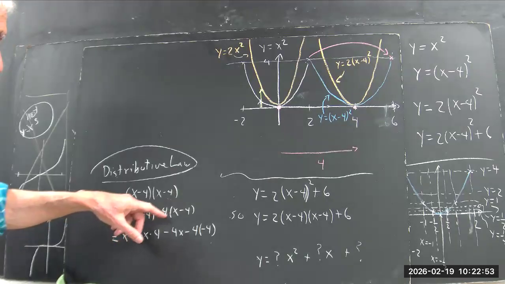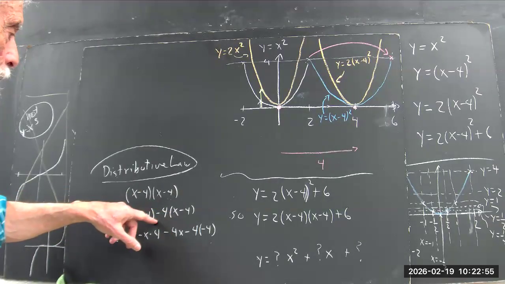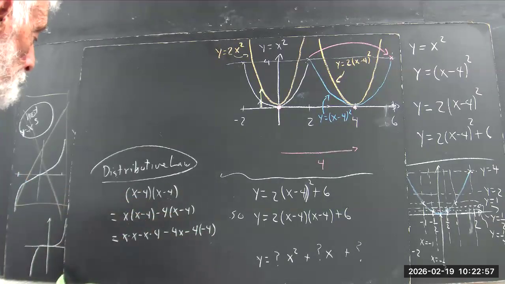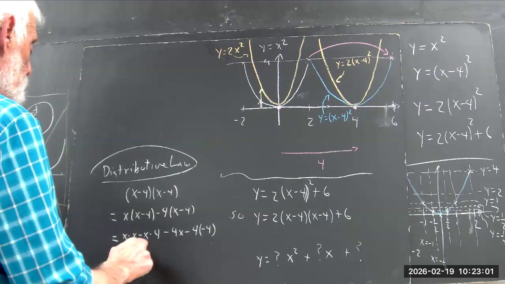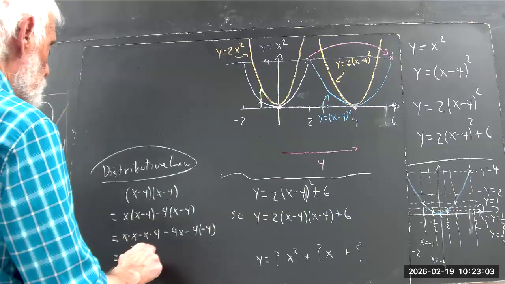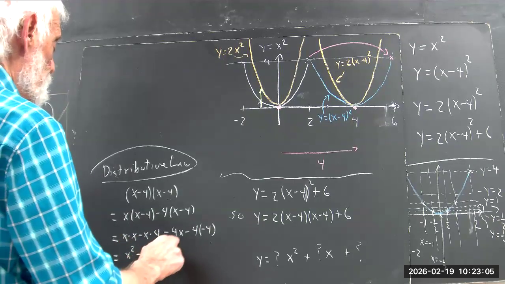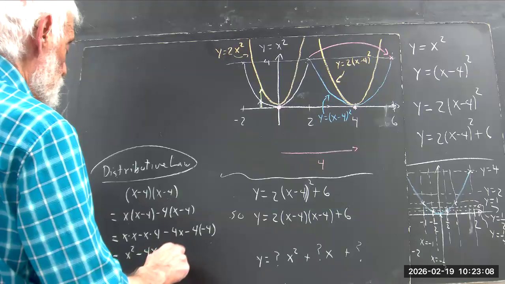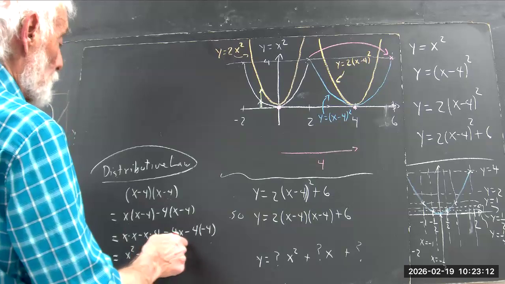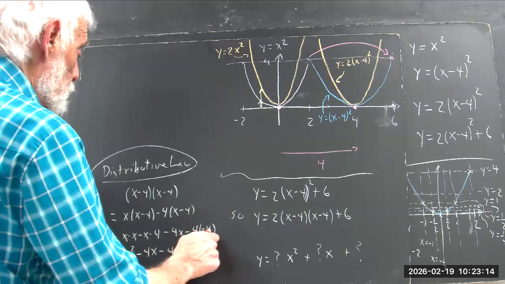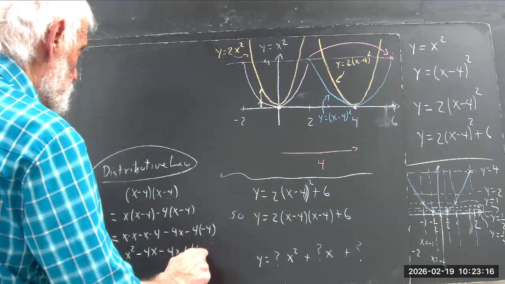X times x is x squared. X times 4, we'll write that as 4x. And we have another 4x as our third term. And then minus 4 times minus 4 is plus 16.